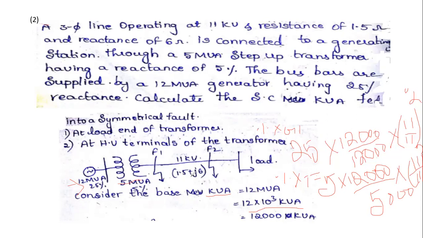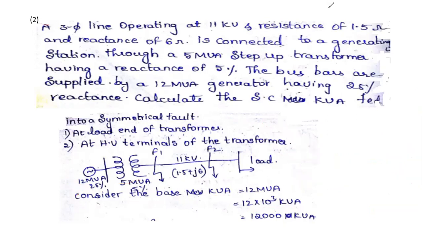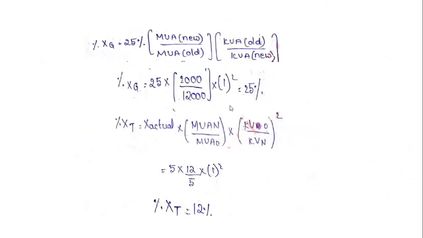Similarly, we calculate the percentage reactance for the transmission line also. This is the 12,000 by 12,000, and this is the 12 by 12, or either we are considering as 12 by 12 into 11 by 11 whole square.